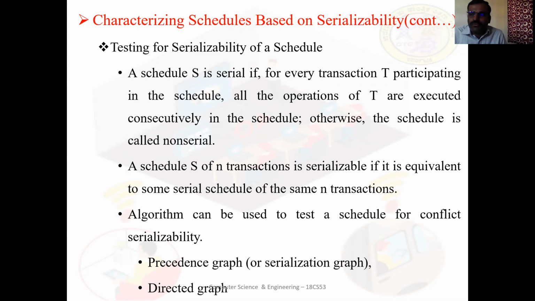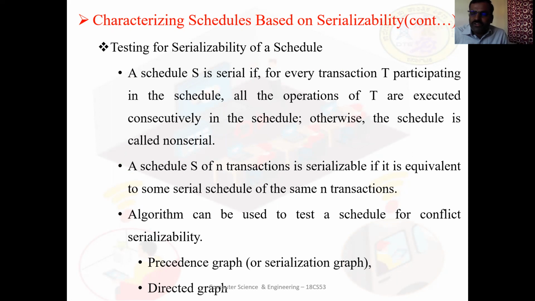Directed graph G equals (N, E). Here G stands for graph, N stands for the set of nodes, and E stands for edges, directed edges.